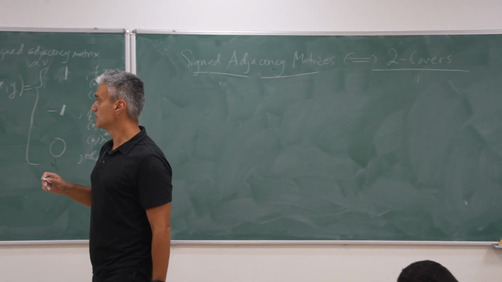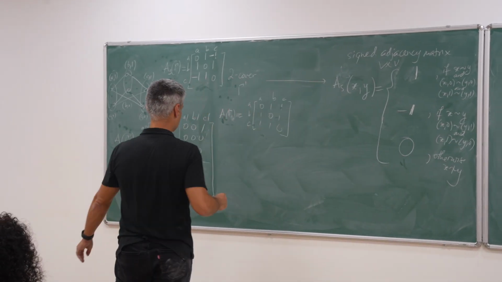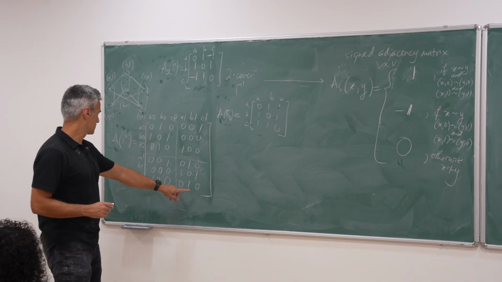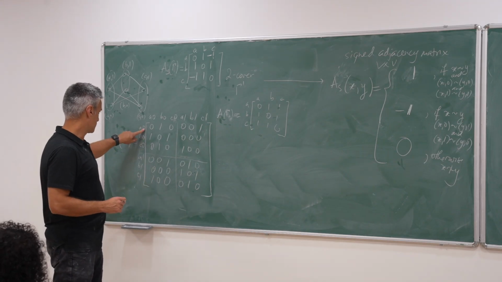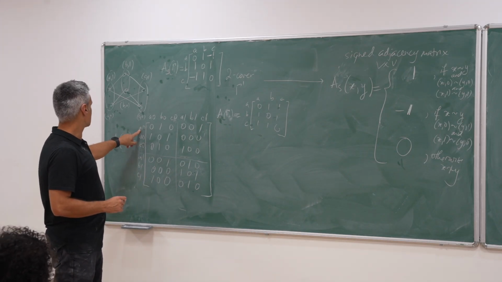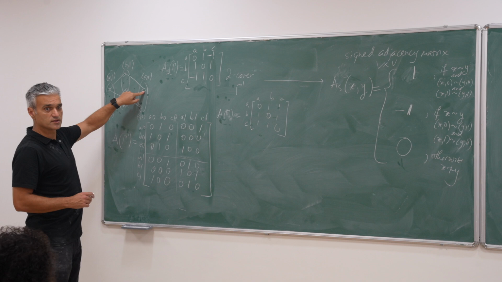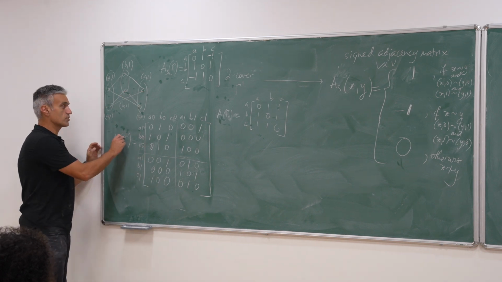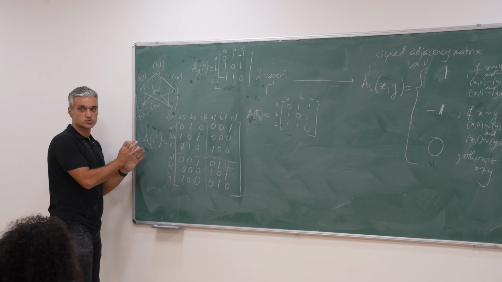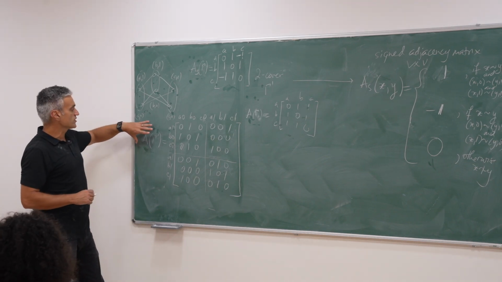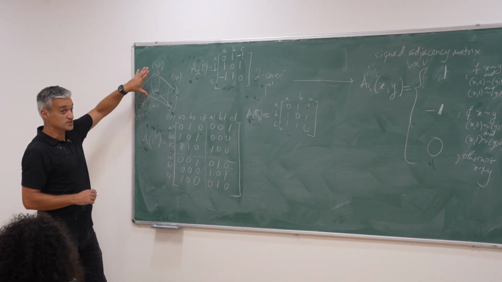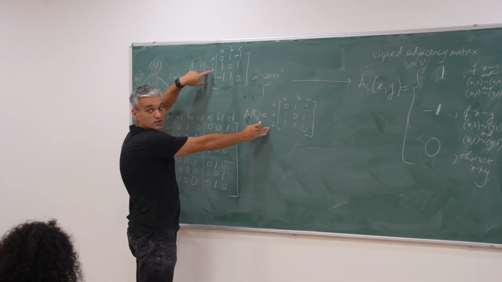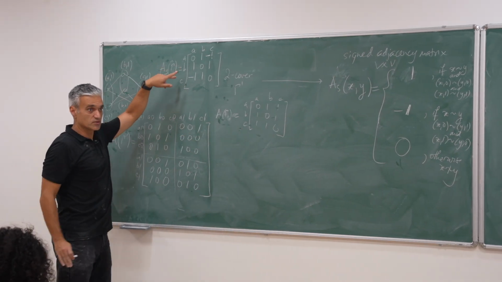Which one? Where is it? Here? First row. No. This is A of gamma prime. This is the original adjacency matrix. So I want to show you another way of looking at this adjacency matrix of this big graph. You can get the spectrum from these two. So I just want to show you a different way, by this example.